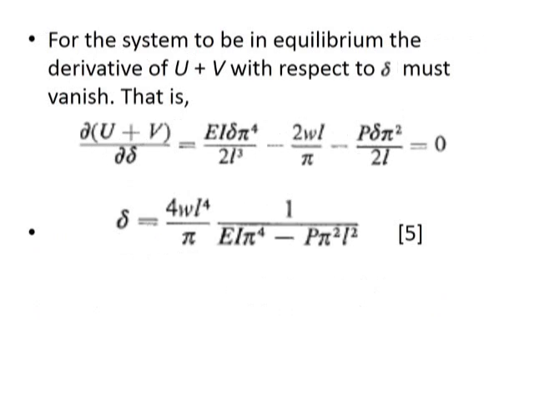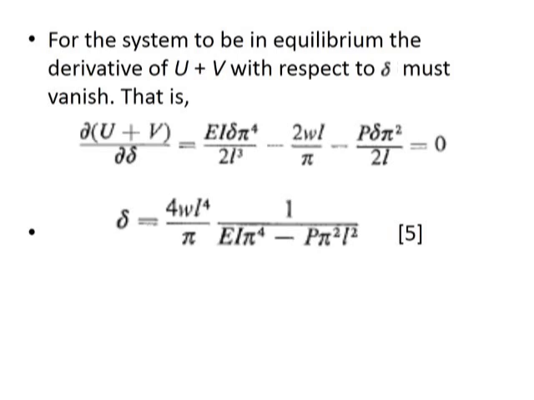For the system to be in equilibrium, the derivative of U plus V with respect to delta must vanish. Thus, ∂(U+V)/∂delta is equal to EI delta pi raised to 4 by 2L cube minus 2WL by pi minus P delta pi squared by 2L is equal to 0.